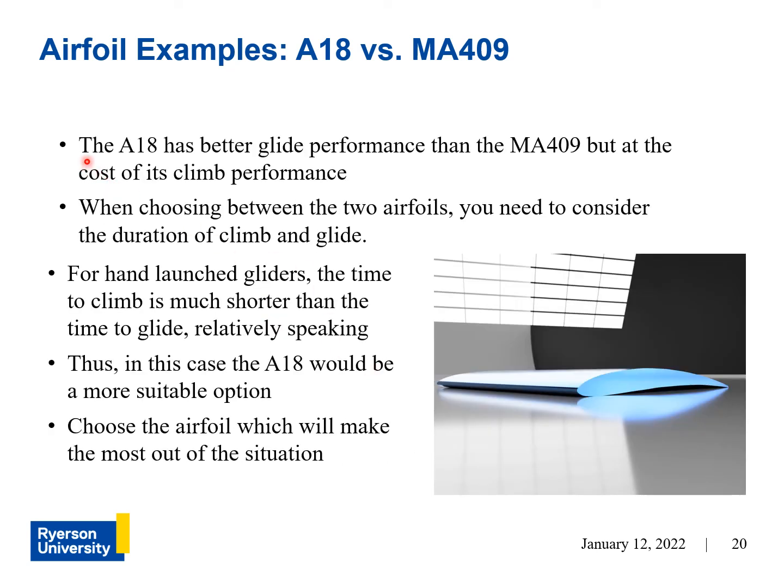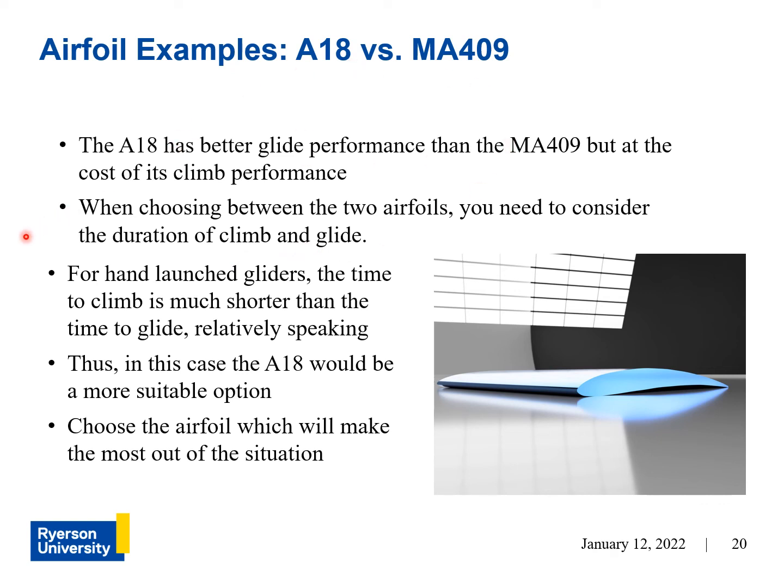The A18, on the other hand, has better glide performance than the MA409, but at the cost of climb performance. So when choosing between the two airfoils, you need to consider the duration of climb and glide for your particular situation, because that'll dictate which of these two you'll choose.